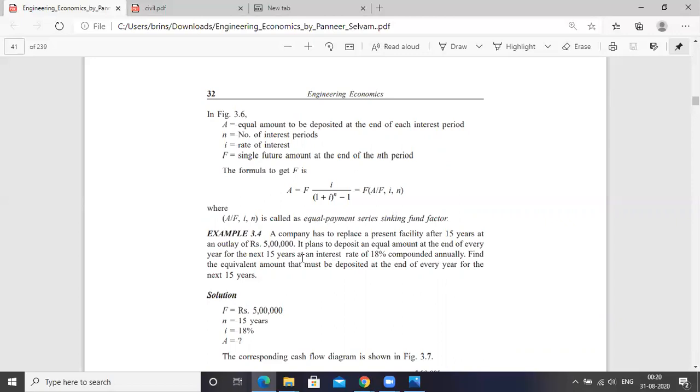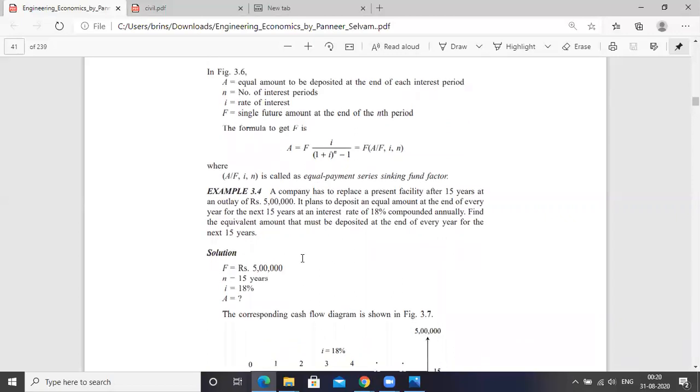Well, so now moving on to a problem: a company has to replace a present facility after 15 years at an outlay of rupees 5 lakhs. It plans to deposit an equal amount at the end of every year for the next 15 years at an interest rate of 18% compounded annually.